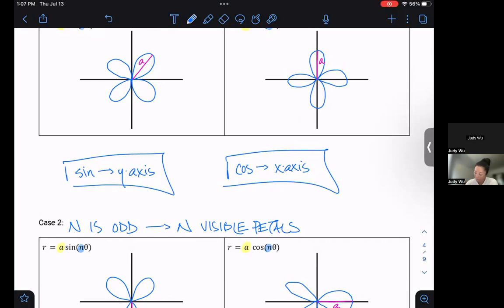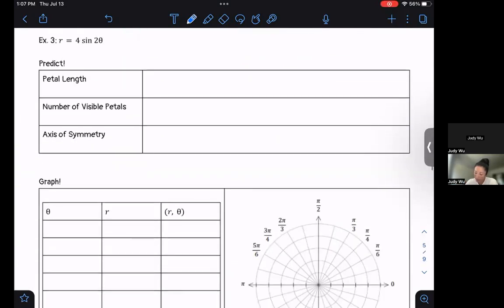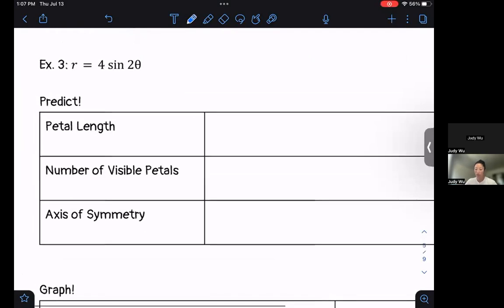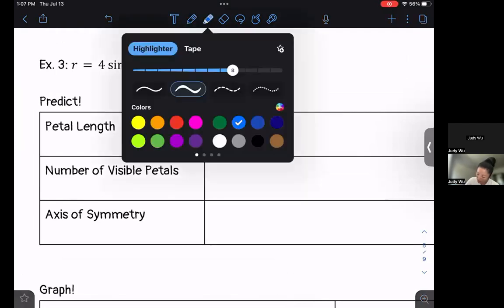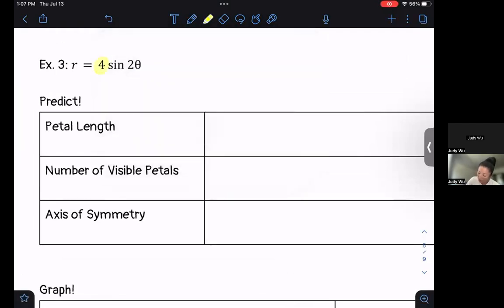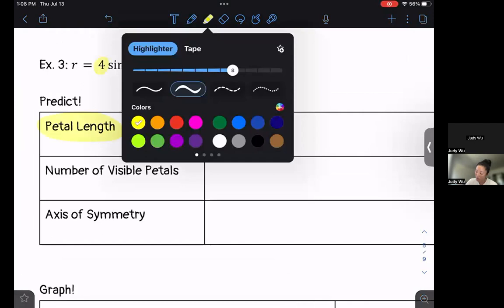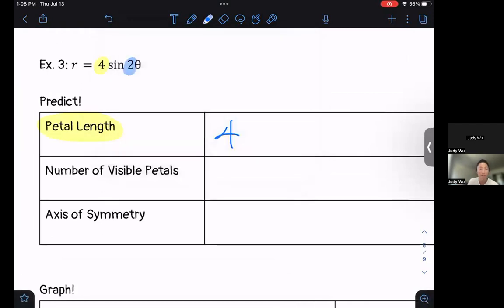Okay, all right, let's take a look at this equation. R equals 4 sine 2 theta. All right, petal length is given by that first number. So I know the petal length is 4. The number of visible petals is given by our n value.